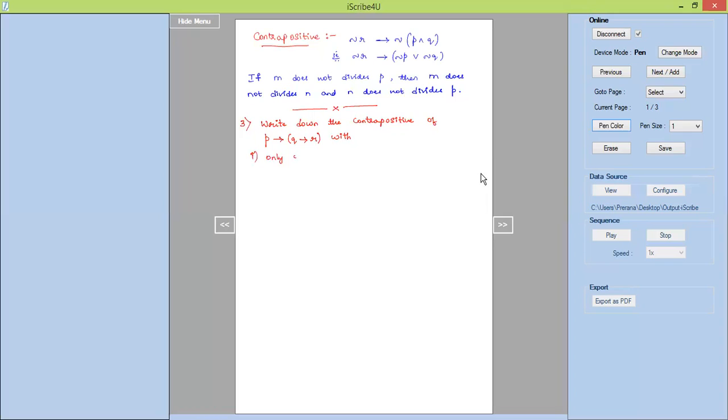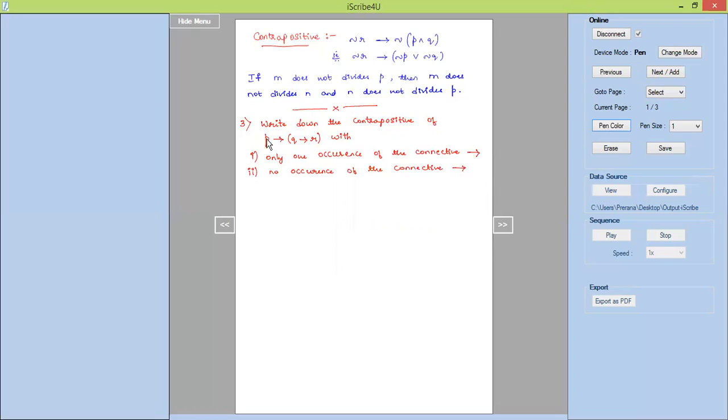The connective given is conditional or implication. Second one: no occurrence of the connective, that is implication.